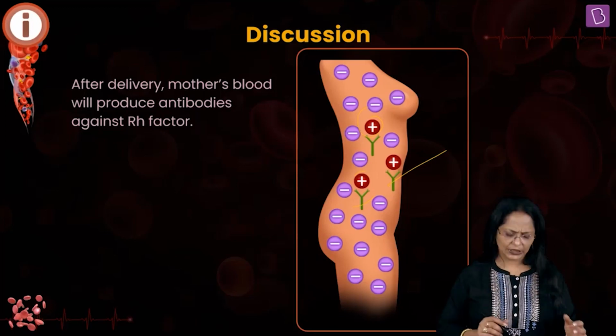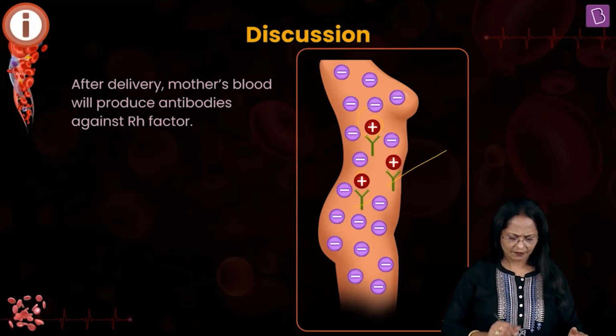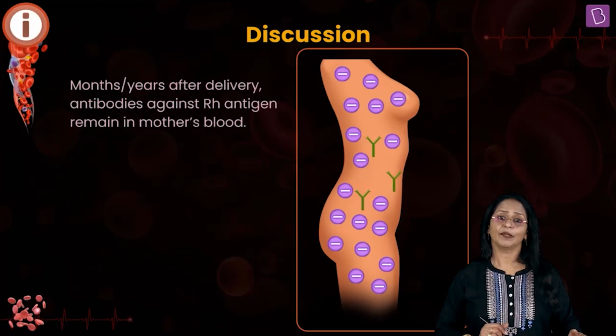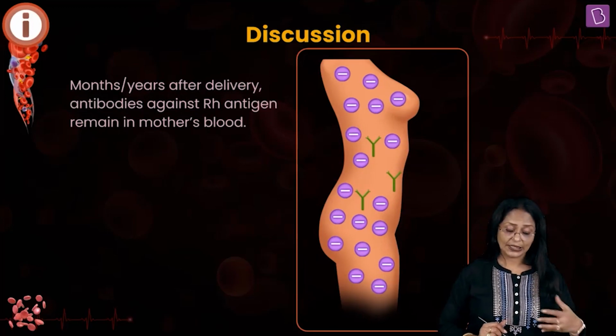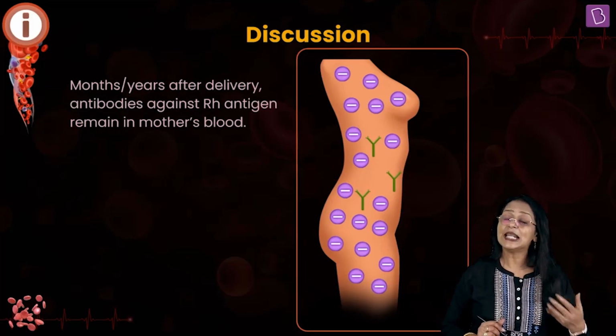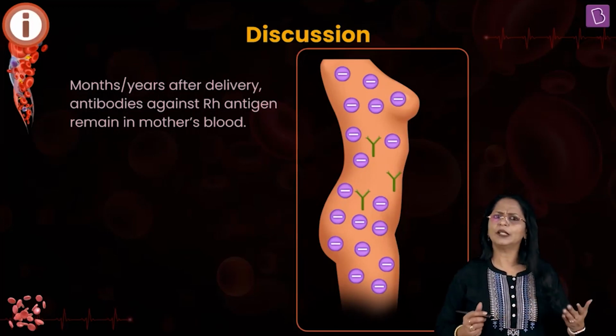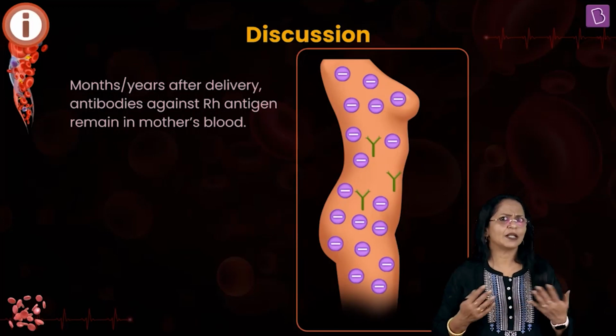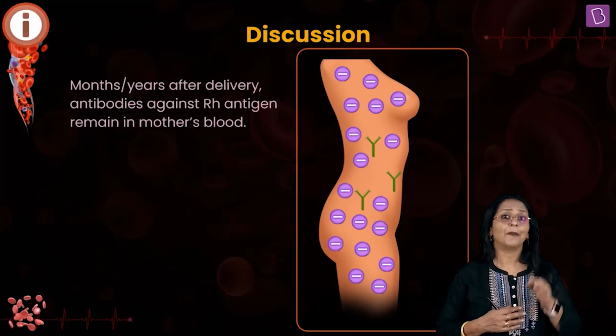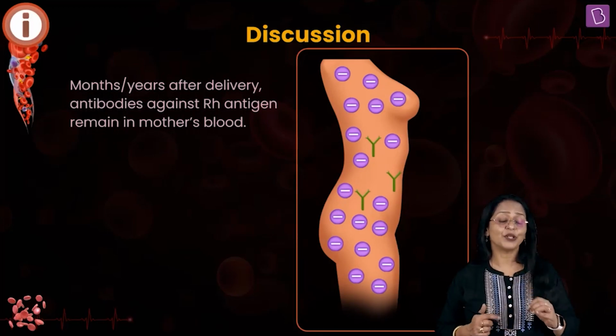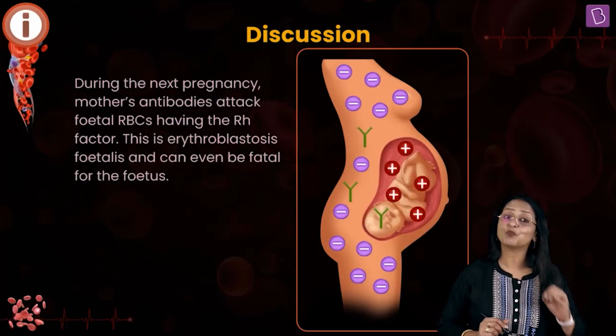Now, after a few years, let's say that she gets pregnant again. If the baby that is formed in the womb is Rh negative, it is okay. But let's say the baby is Rh positive, then what happens?